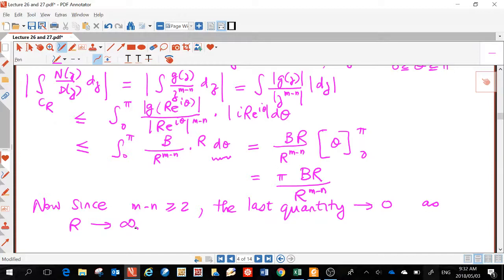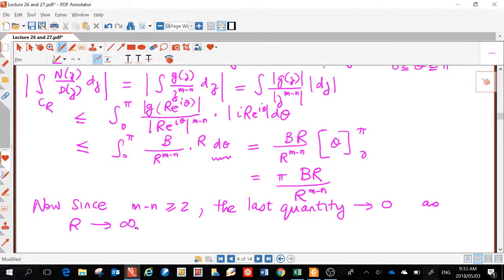So if you have a 3 here, r over r cubed will be over r squared. Even that will go to 0 as r goes to infinity. That's why we need this to be at least 2, because there is a 1 on top here. So if m minus n is bigger than 2, there will still be something over r in the game. That part, if you're dividing by infinity, is going to be 0.